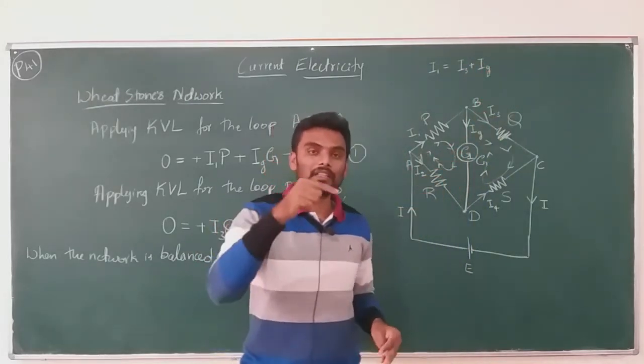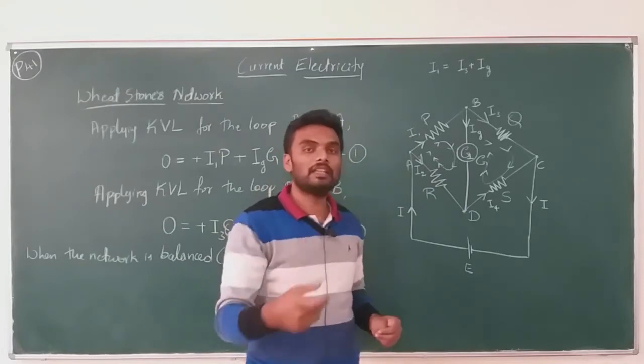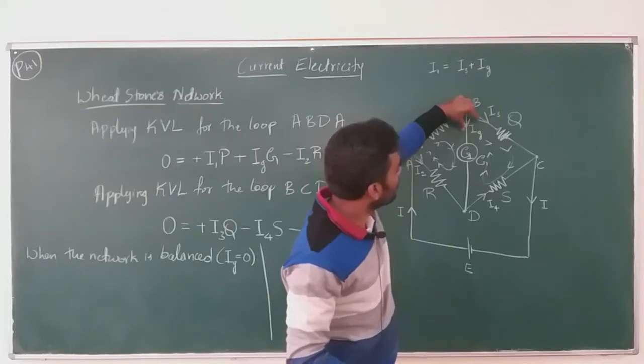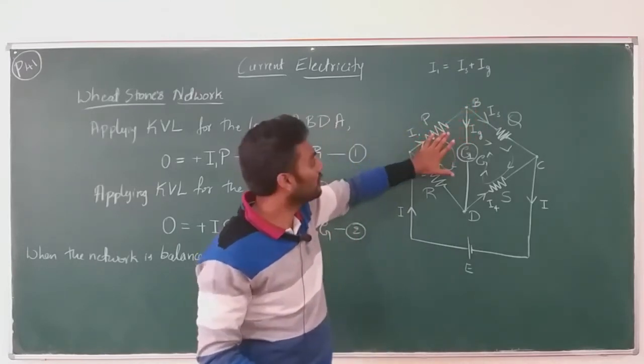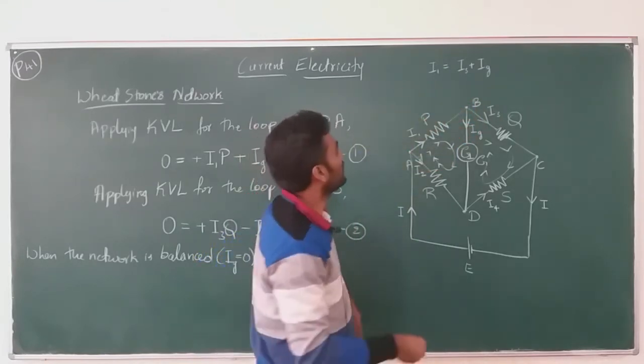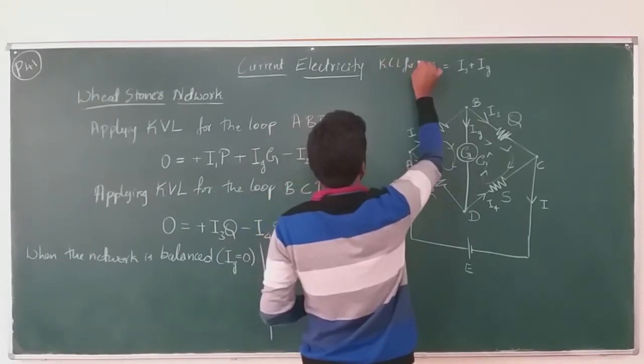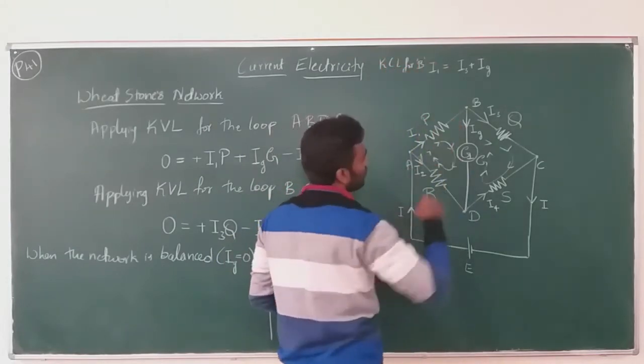Total current entering the node is equal to total current leaving the node. So I1 is equal to I3 plus Ig, right. This is when we apply KCL for node B. This is what we get.